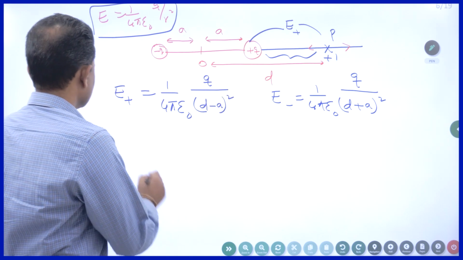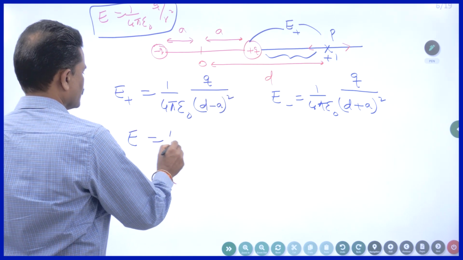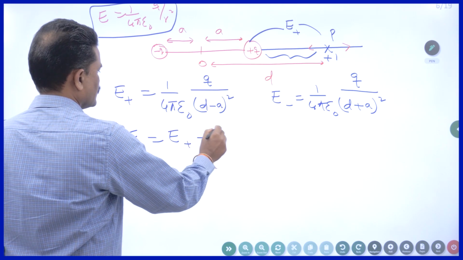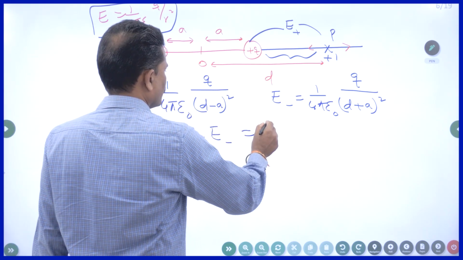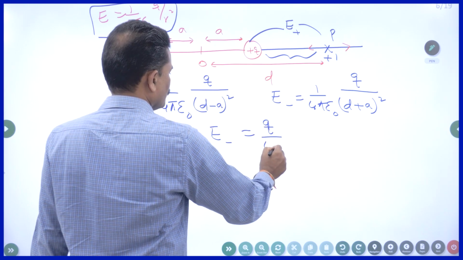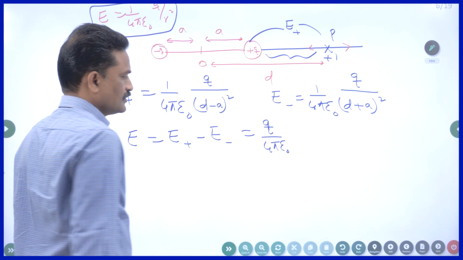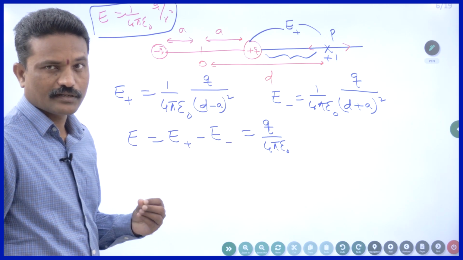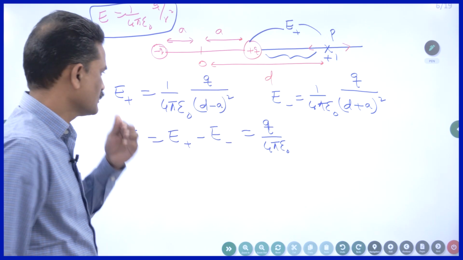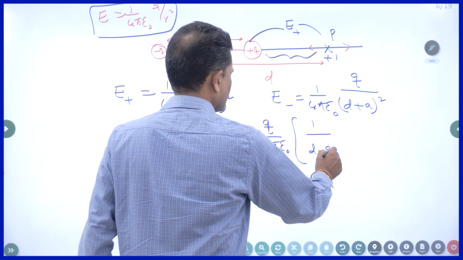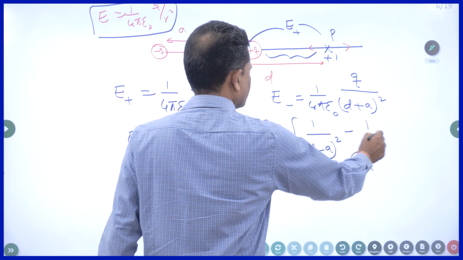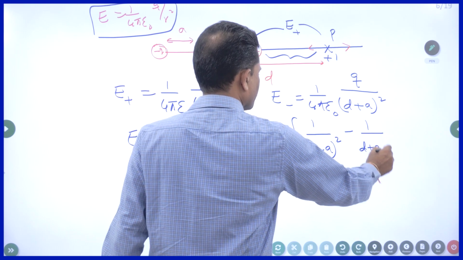The resultant is E equals E plus minus E minus. So 1 by 4 pi epsilon naught is common, and q is also common: q by 4 pi epsilon naught. A very small mathematical jugglery is required. This is 1 by d minus a whole square minus 1 by d plus a whole square.